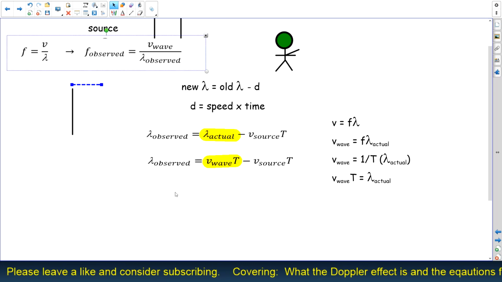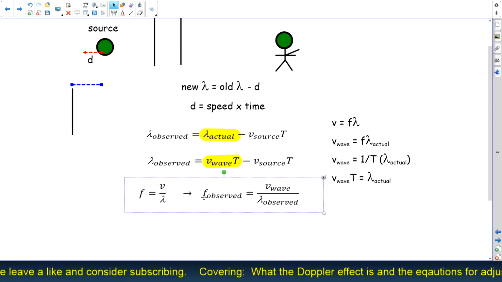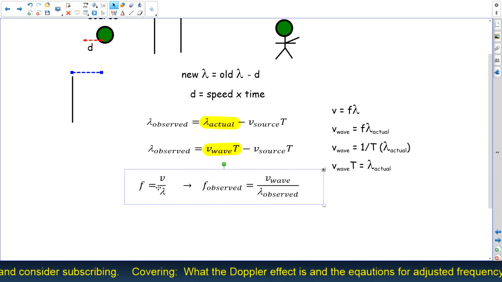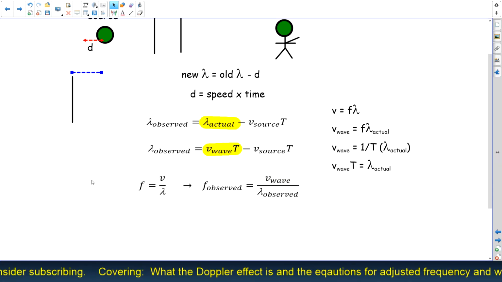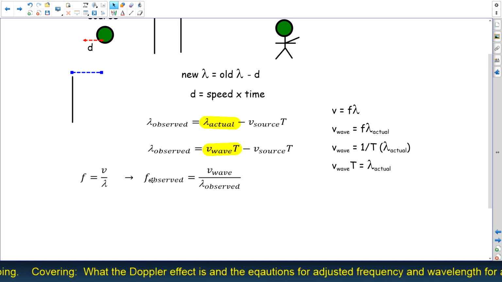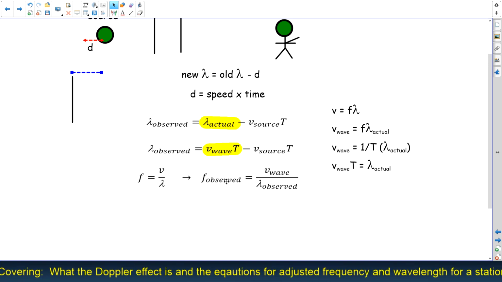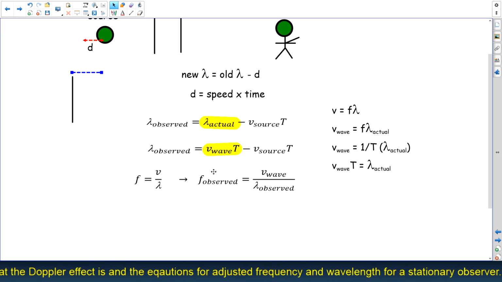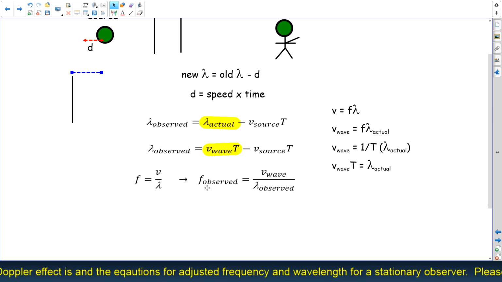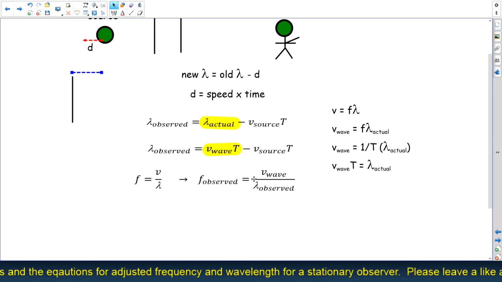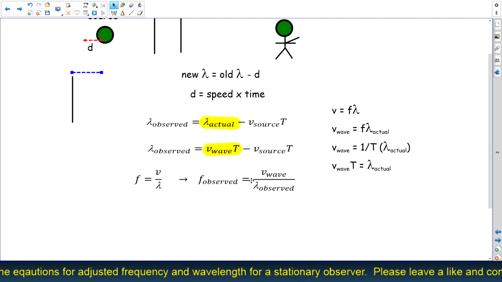Now, since we have v equals f lambda, f equals v over lambda. Just applying this to this side of the equation, we have that f observed, because remember we're trying to replace lambdas here with frequencies, the observed frequency is going to be the speed of the wave divided by the observed wavelength.